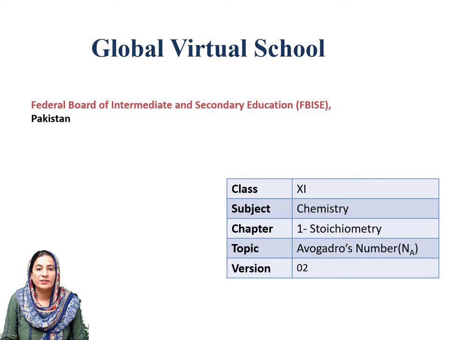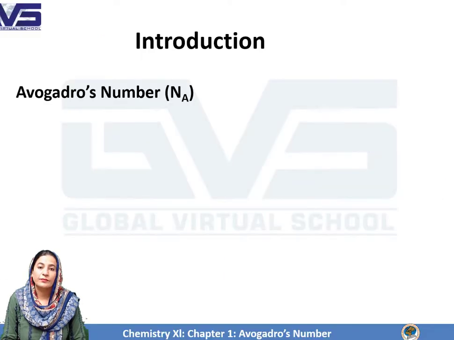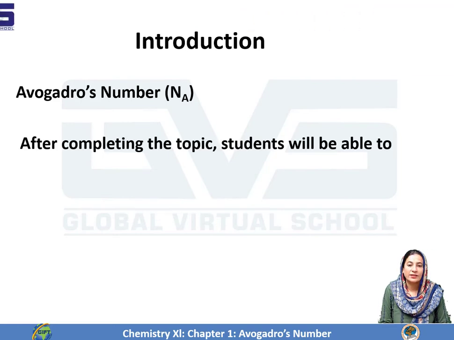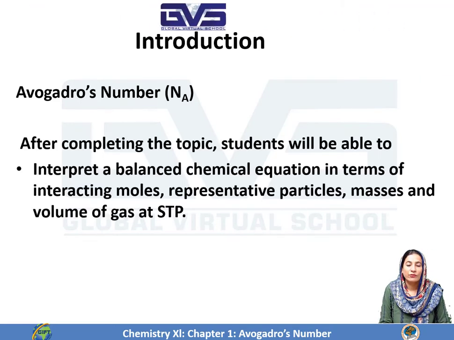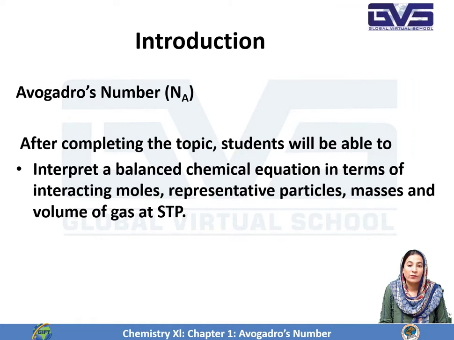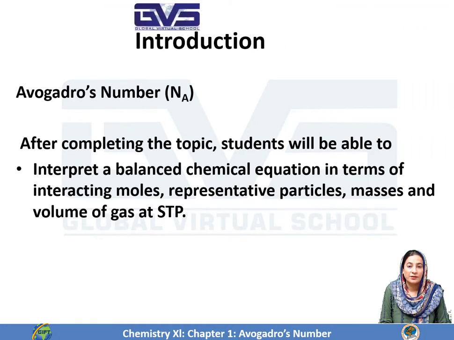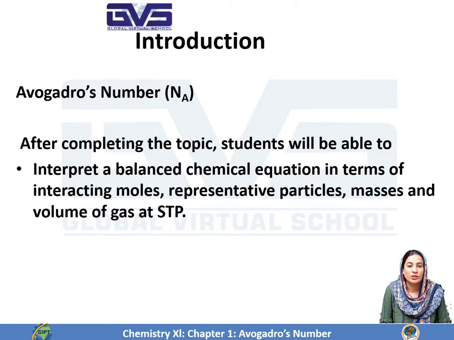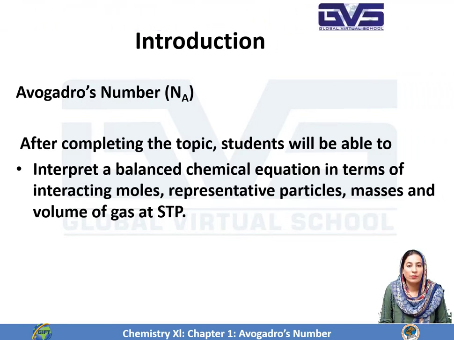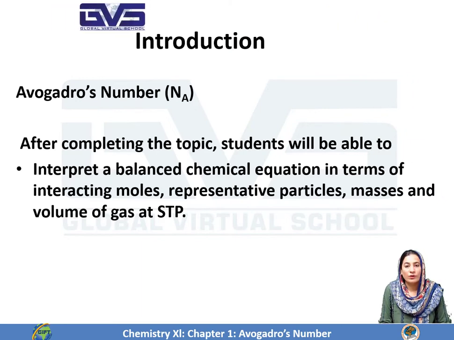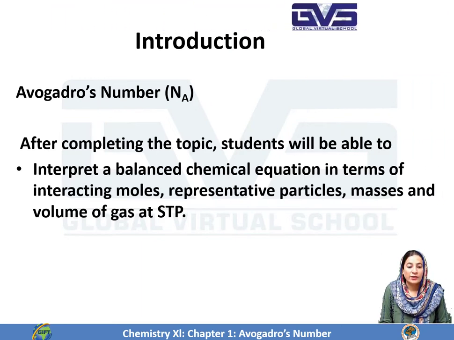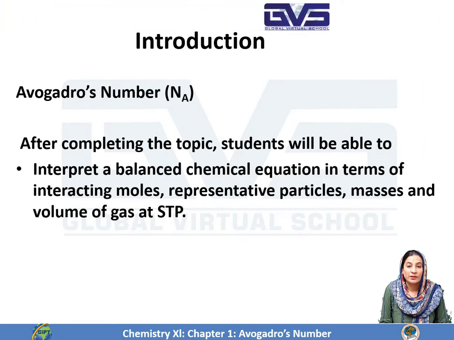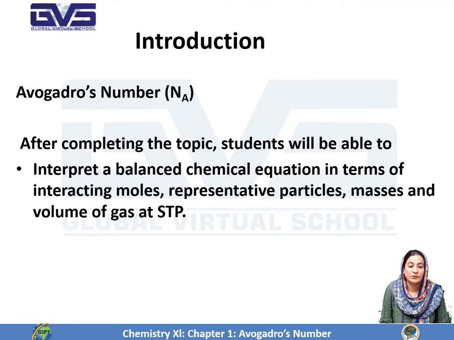Before this, we have discussed stoichiometry and the mole. Students, one thing is very interesting: I have quoted this SLO from your curriculum for the third time. Why? Because this curriculum needs knowledge of stoichiometry, mole, Avogadro's number, molar volume, etc. In this SLO, the student learning outcome is to interpret a balanced chemical equation in terms of interacting moles.